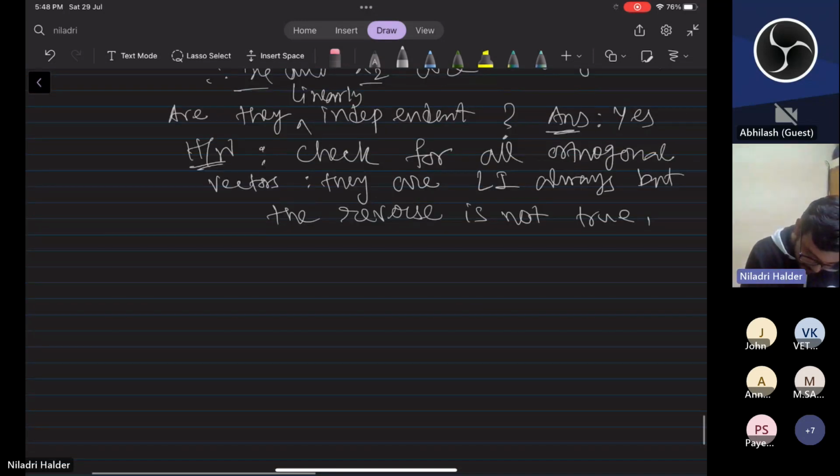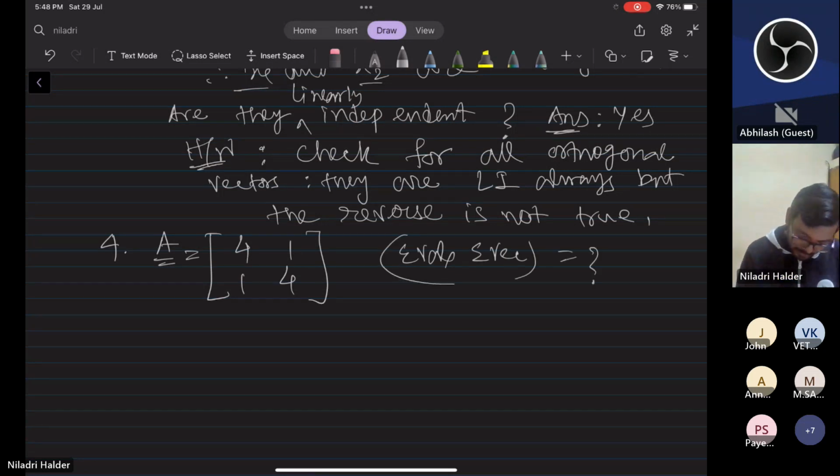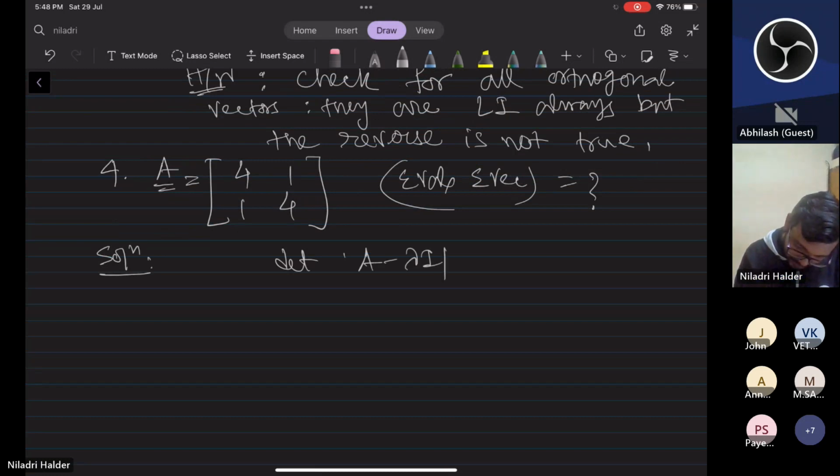Yeah, the fourth question is: suppose there is a matrix 4, 1, 1, 4. What are the eigenvalues and eigenvectors? So the solution. We know the eigenvalues come from determinant of A minus lambda I equals 0, which gives the characteristic equation.